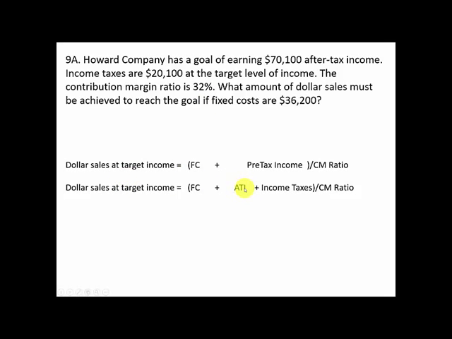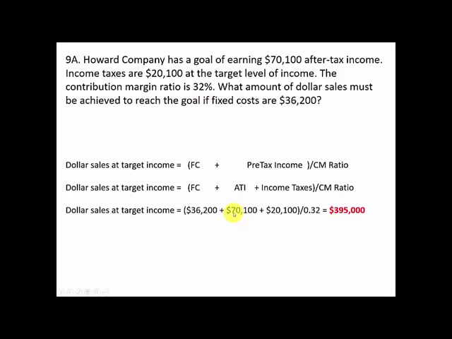If we are given after-tax income and add income taxes, the two together will give us pre-tax income. And all three of these pieces, fixed cost plus after-tax income of $70,100 plus income taxes, will then be added together divided by a contribution margin ratio of 32%.